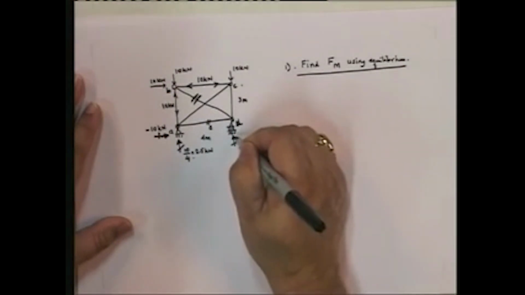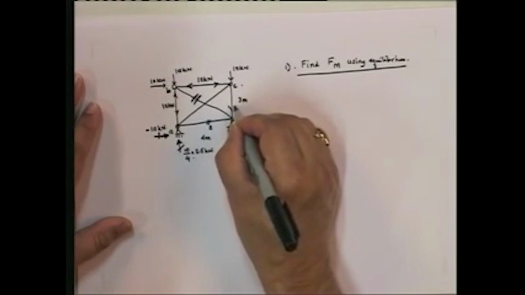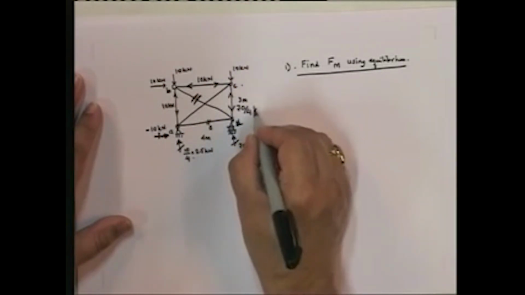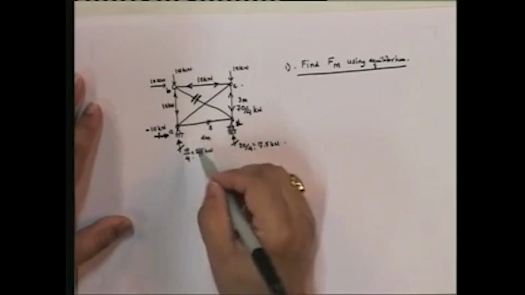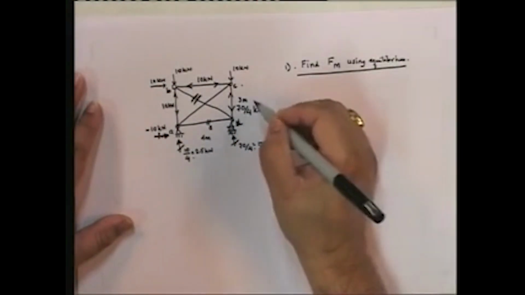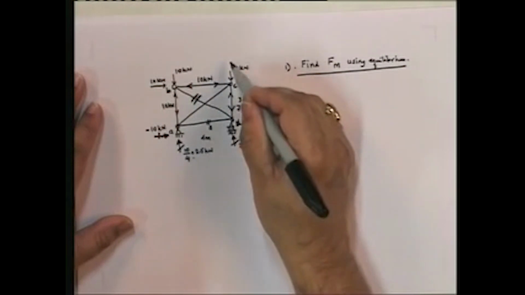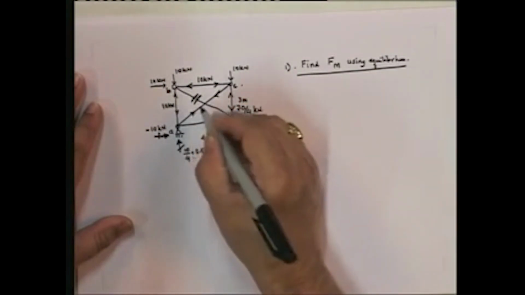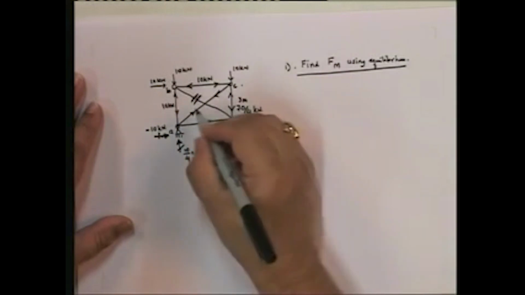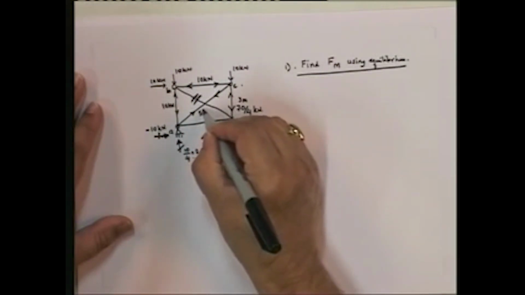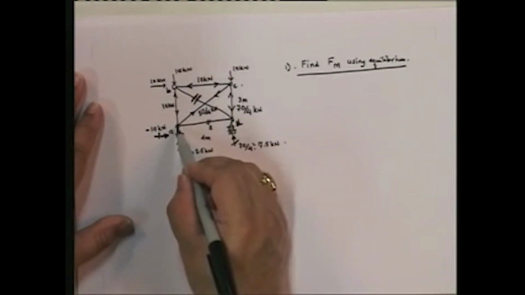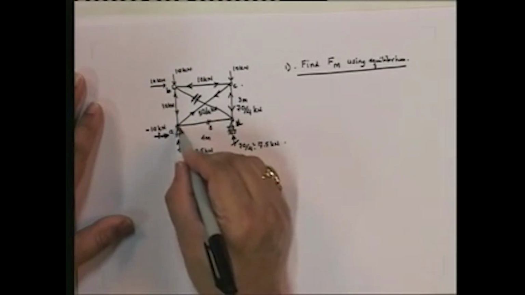And if I find sigma Fy equal to 0, this is equal to 70 by 4 kilonewtons compressive force, this is 0, and from that we can find, if you go about it, this becomes 30 by 4 and 40 by 4, and so this is equal to a tension force of 50 by 4 kilonewtons.